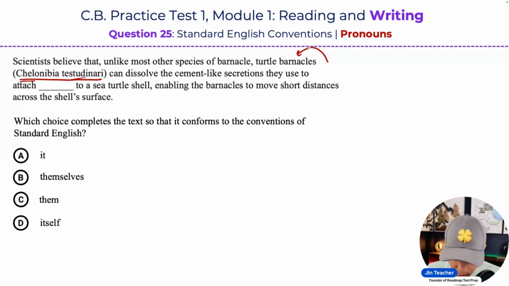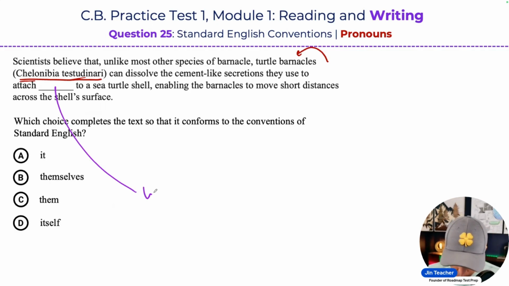So it says that turtle barnacles can dissolve the cement-like secretions they use to attach it to a sea turtle shell, enabling the barnacles to move short distances across the shell's surface. So my question to you is, they can dissolve the cement-like secretions they use to attach what?